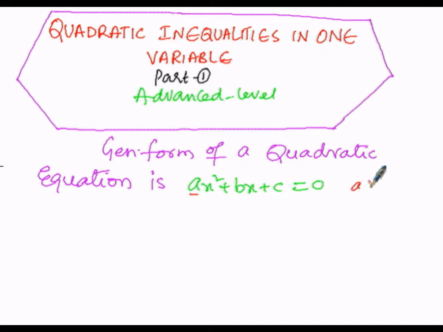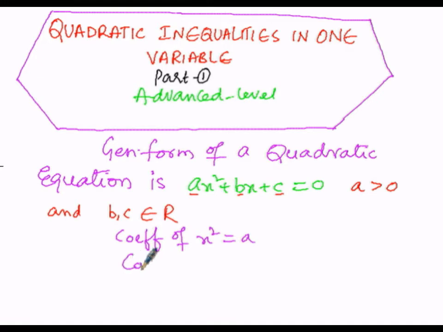So this a will be greater than 0, and b, c belong to the real numbers, whereas the coefficient of x is b and c is a real constant. So the coefficient of x square is a, the coefficient of x is b, and the real constant is c.